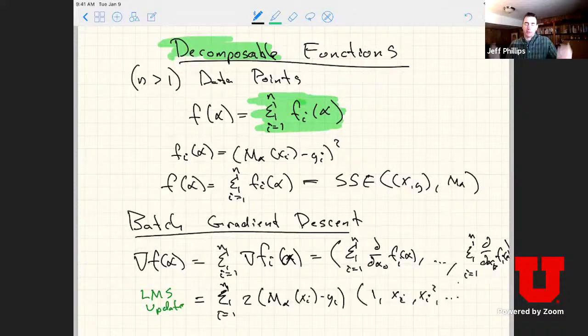If I want to go to a higher degree, right? If this was a quadratic, this will only be the first 3 terms, but it could be higher degree as well. So I can break this LMS update rule down into the sum of these residuals times that particular data point, possibly with an expansion.